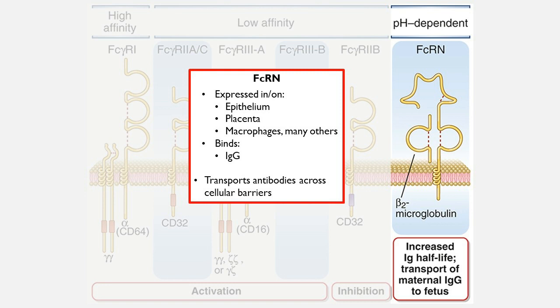IgG antibodies can bind to this and get protected from the process of lysosomes and phagocytosis by escaping that route through this particular receptor. That's why it's a pH-dependent route. Endosomes drop in pH, they acidify, and that's what increases the binding of these antibodies to that particular receptor, and then protects them from degradation that way. And that's why they have such an increased half-life in comparison to the other subclasses of antibodies.